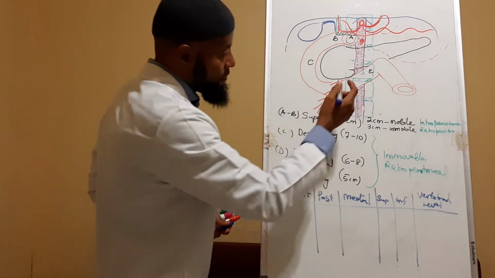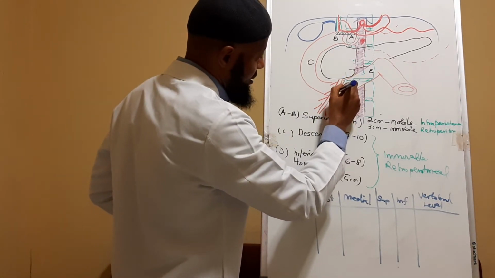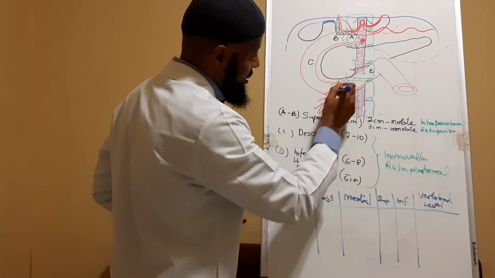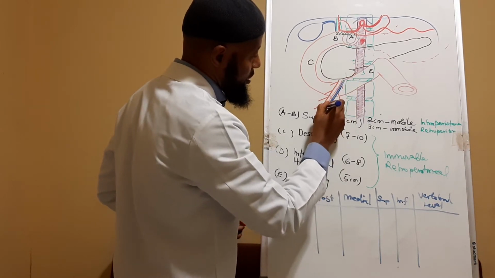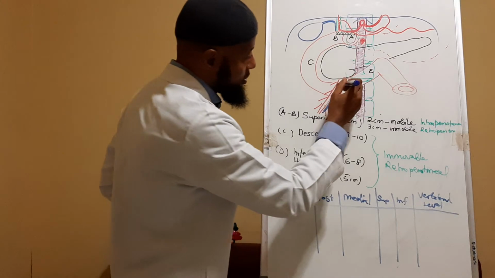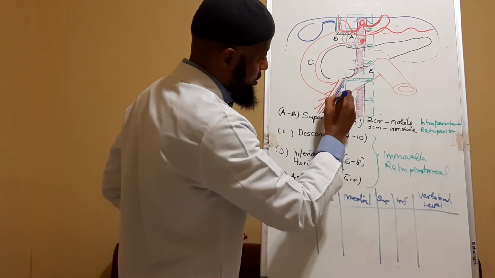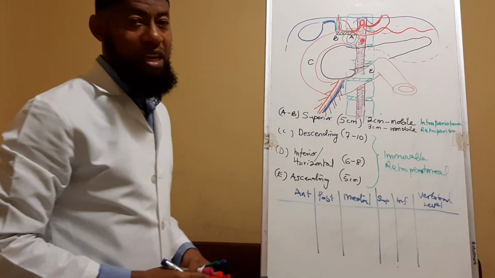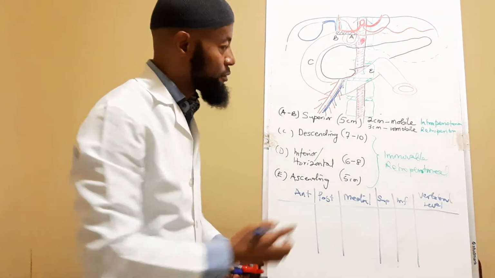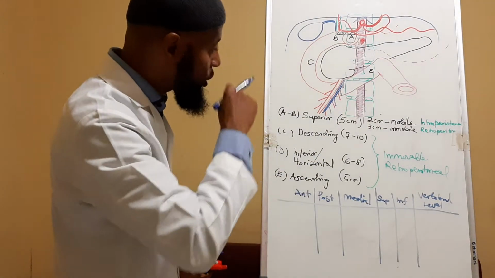And we have right there behind it the superior mesenteric vein, which is accompanying that. And that forms part of your portal system. So you have it right there. Okay?